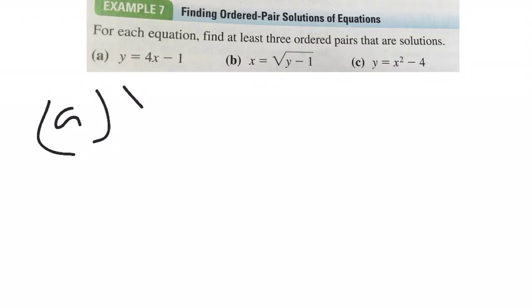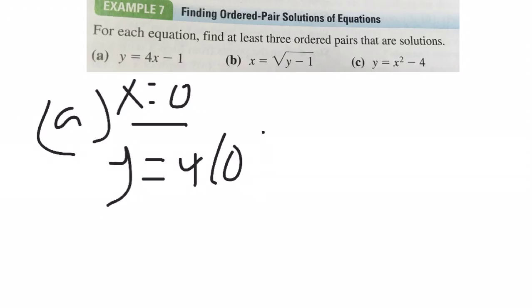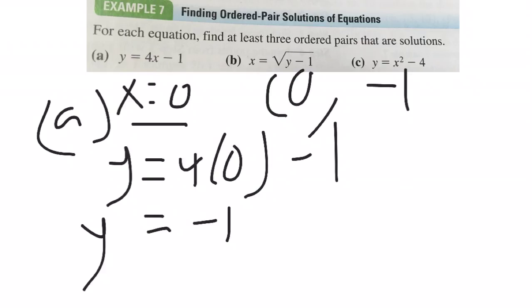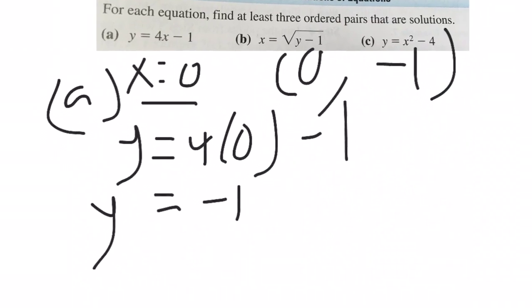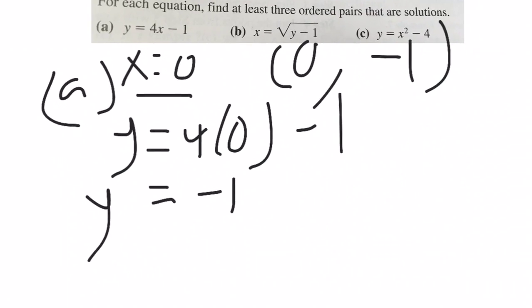So say when we set x equal to 0, we plug 0 into x and solve for y. 4 times 0 is 0, minus 1 would be negative 1. So the point 0, negative 1 is on the graph. And by the way, when x is 0, that's what we call the y-intercept. That's where it crosses the y-axis.